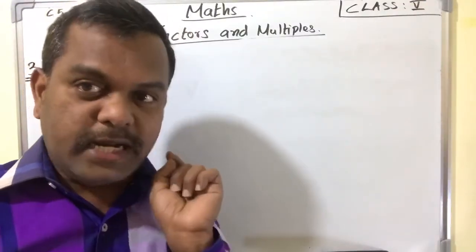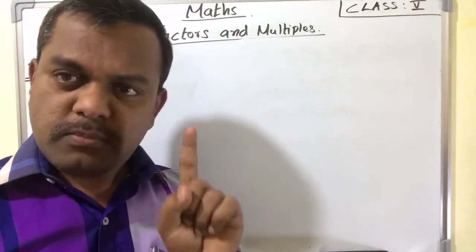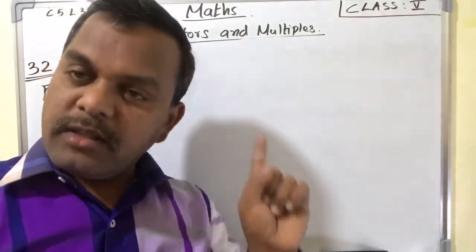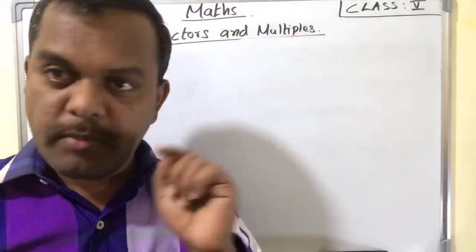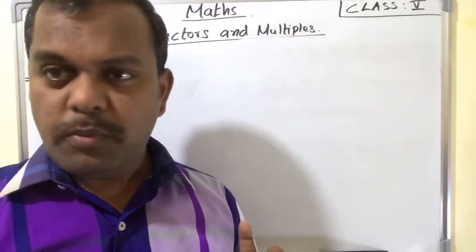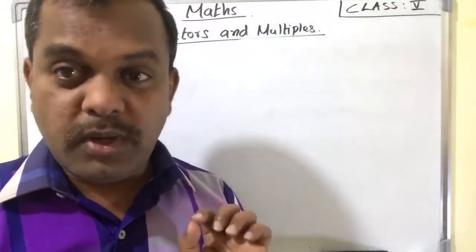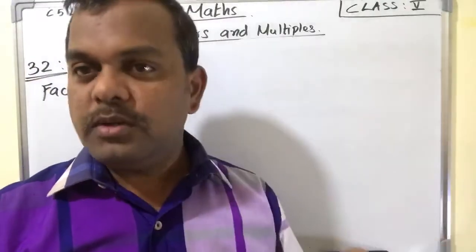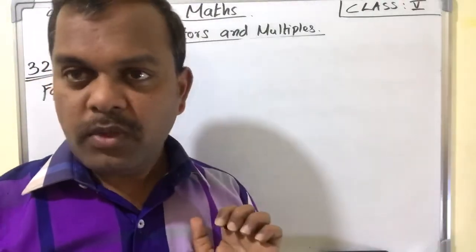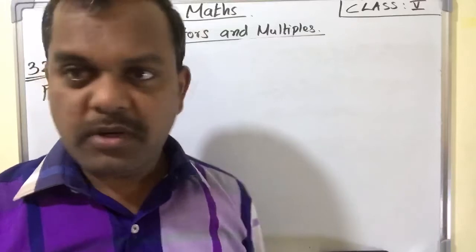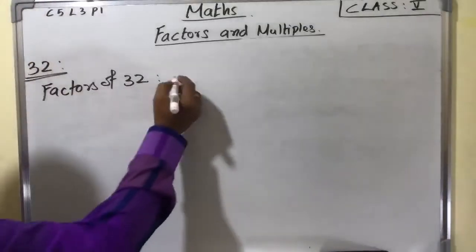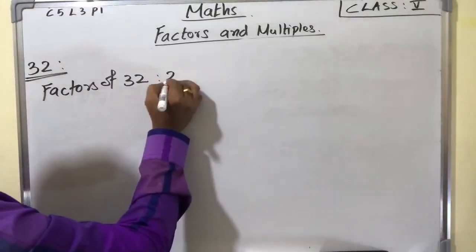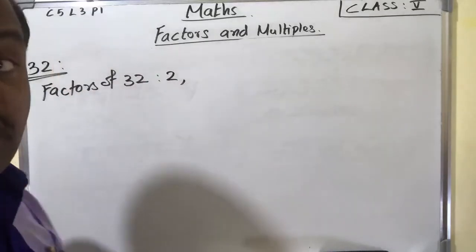That is called a factor. 1 will divide 32 without leaving any remainder. We can write 1, no problem. But here no need to write, because 1 will divide all numbers. Okay, from 2 you can check. 2 will divide 32, no? Because this is an even number. 2 will divide 32 without leaving any remainder.